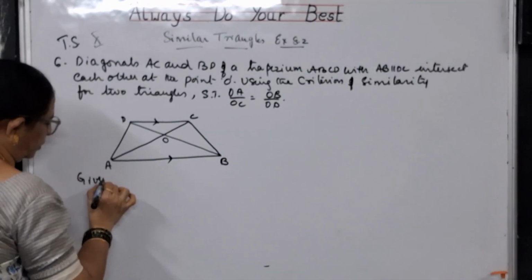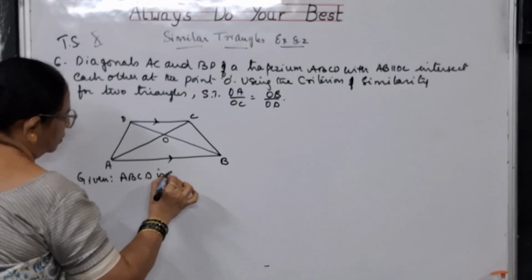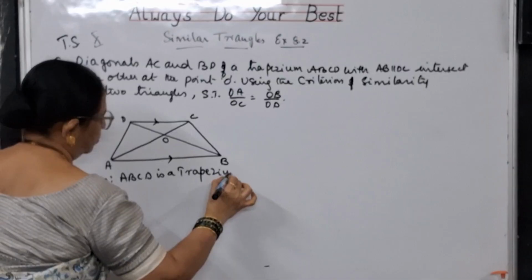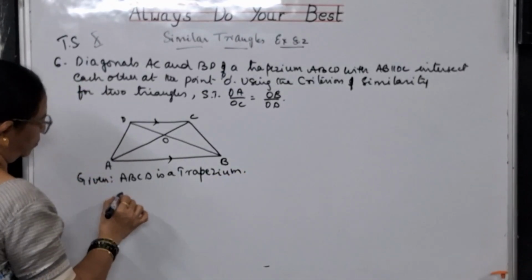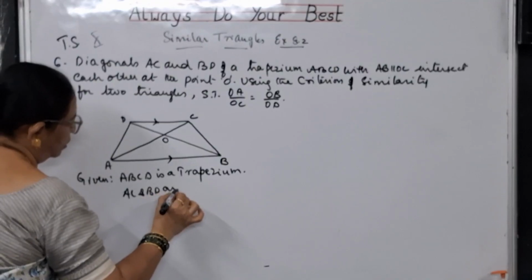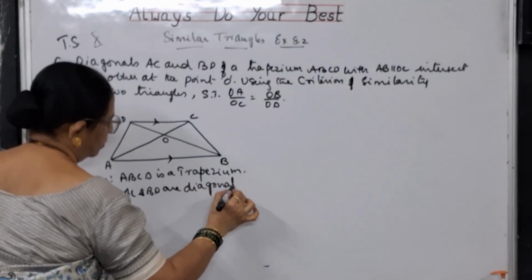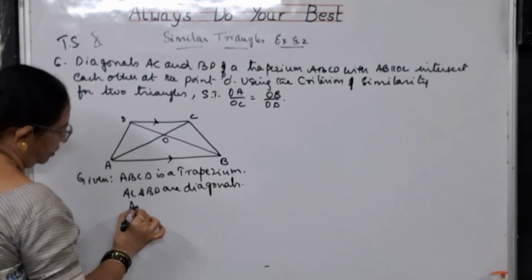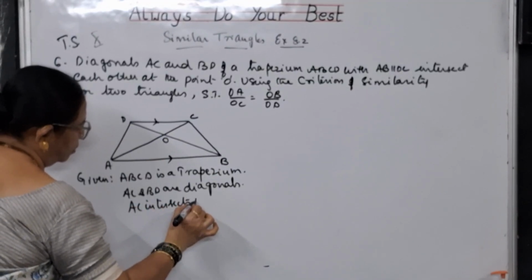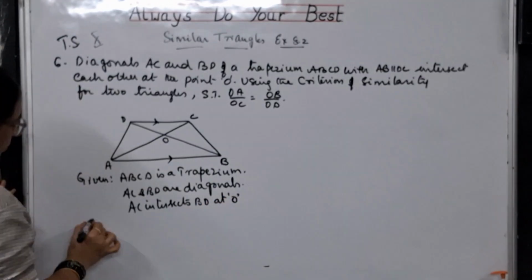So what is given to us? ABCD is a trapezium, AC and BD are diagonals, and AC intersects BD at O. This is given to you.